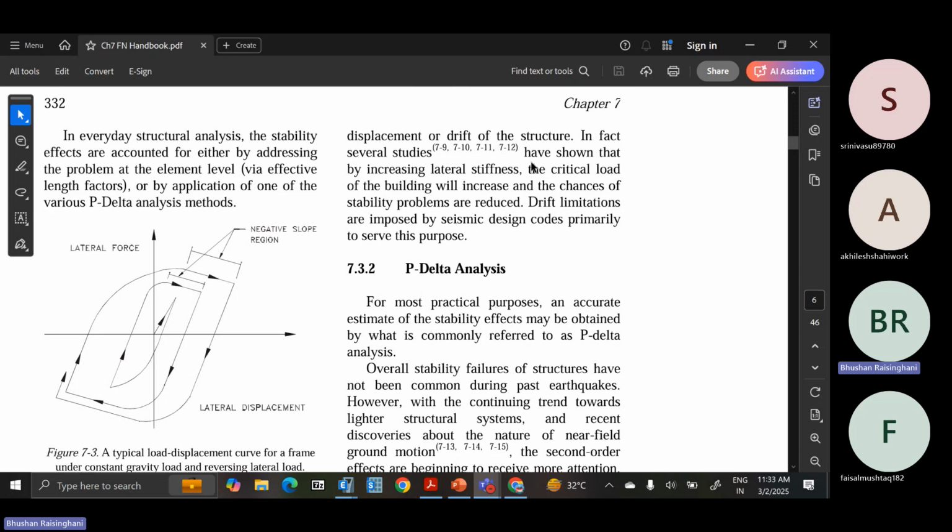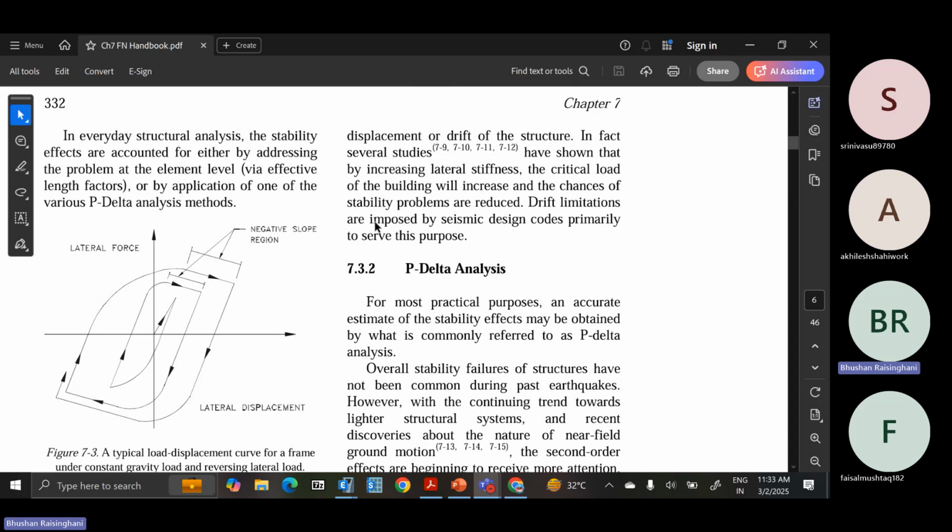So in several studies, it has been shown that by increasing the lateral stiffness, the critical load of the building will increase. So we don't have to depend on estimation of the critical load. We indirectly hint that if you keep this much stiffness in the building, then critical load effects will be countered, and the chances of stability problems will be reduced.